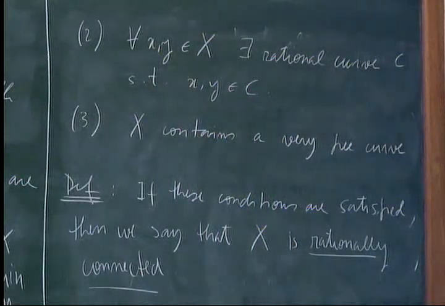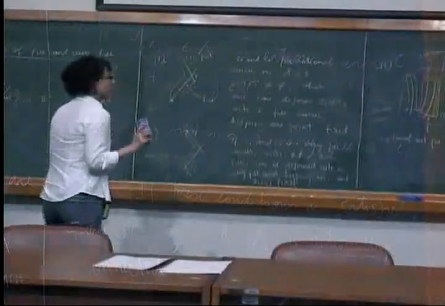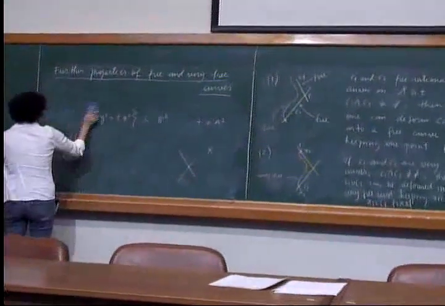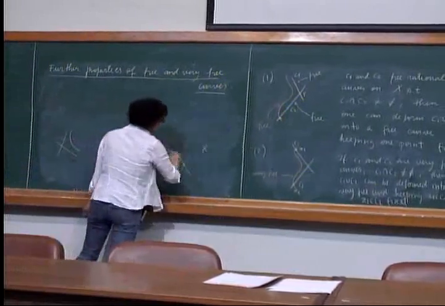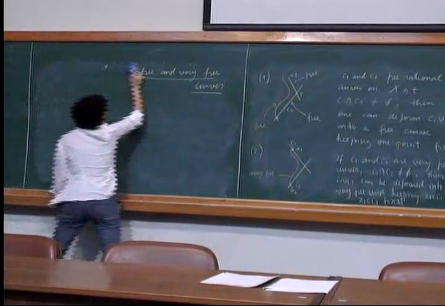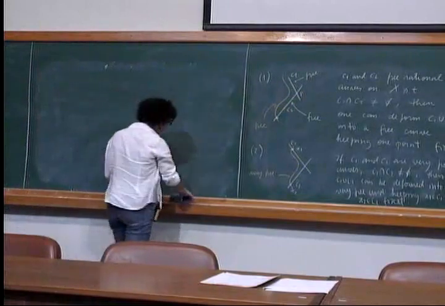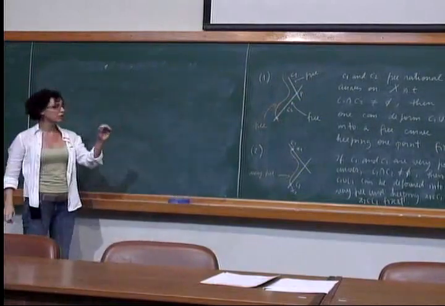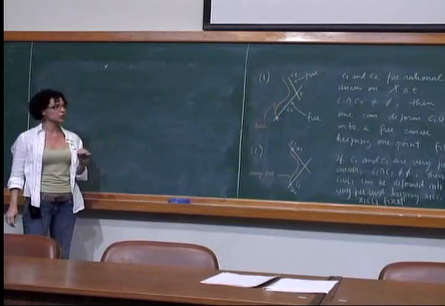So I want to sketch the proof of this theorem, but before I do so, let me just make a remark. We saw that for uniruled varieties, you require that for a general point there is a rational curve.